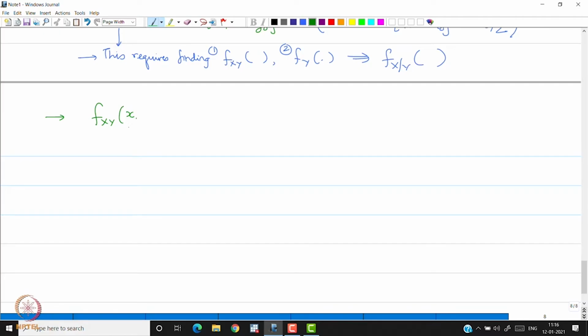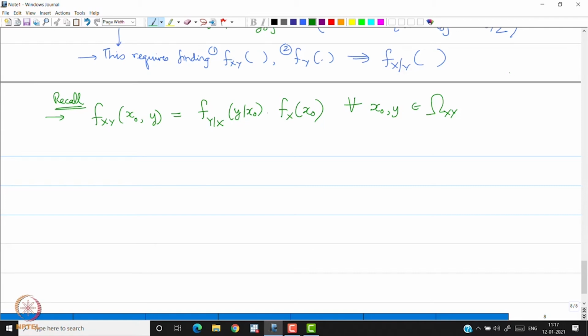Supposing f_XY of x naught comma y is going to be equal to f_{Y|X} of small y given x naught multiplied by f_X of x naught. Note or recall, we know this, and this is true for all values of small y. So this is going to be true for all x naught comma y in the set omega XY. This is a general result.